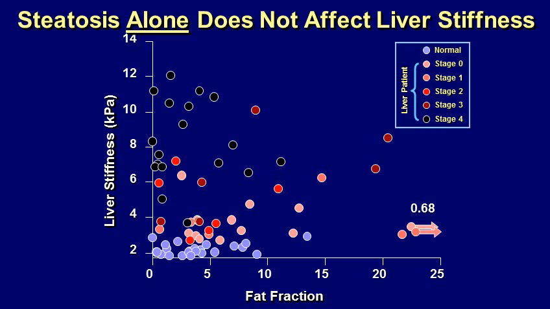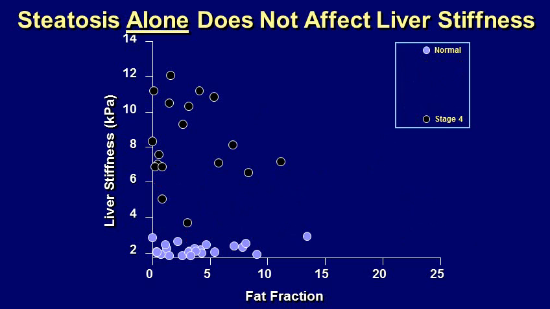This diagram shows a series of patients with various stages of liver fibrosis, which you can see in the color scale on the side. And what we're showing here is the fat fraction on the horizontal axis and the stiffness on the vertical axis. To simplify this, I'm going to remove the middle stages of liver fibrosis, and we'll just look at patients who have no history of liver disease and patients who have advanced fibrosis.